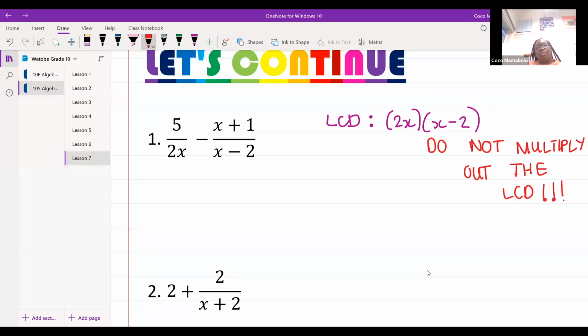Don't do it if you have variables in your denominators. If you have x's and 2's and x squareds, do not multiply out the LCD.